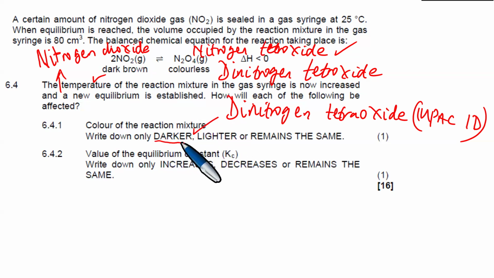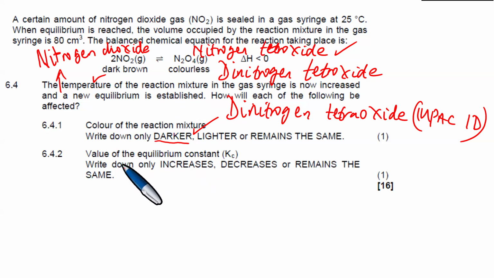So in 6.4.1, it's going to be darker when we increase the temperature. It favors the endothermic reaction. If the equilibrium favors the endothermic reaction, then we would have a much darker color. The NO2 would be dominant.